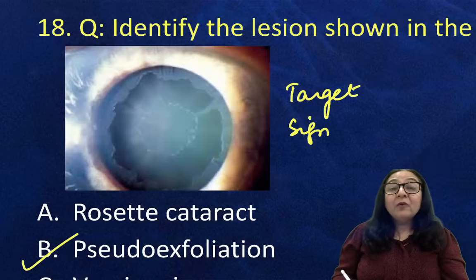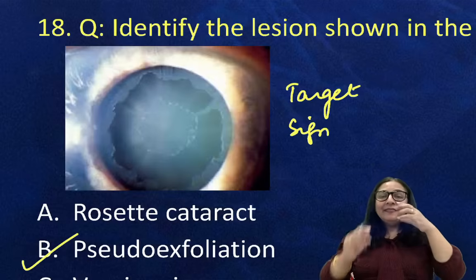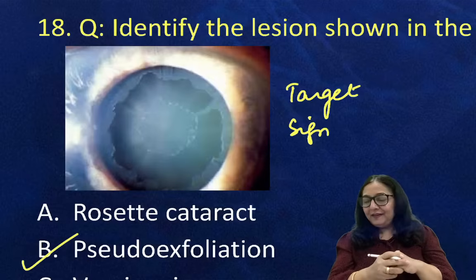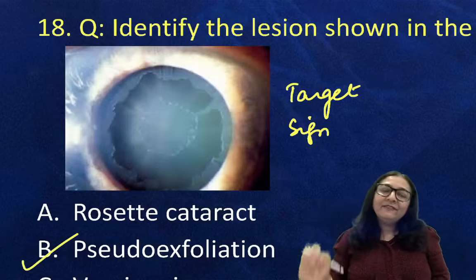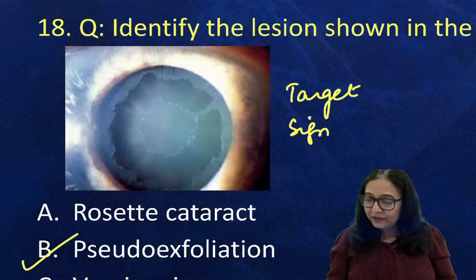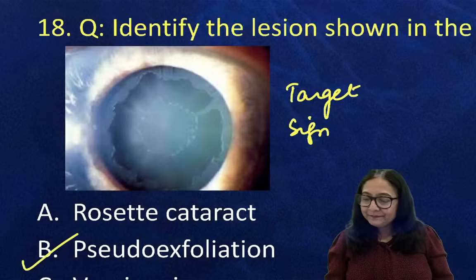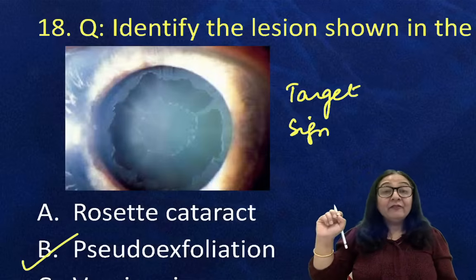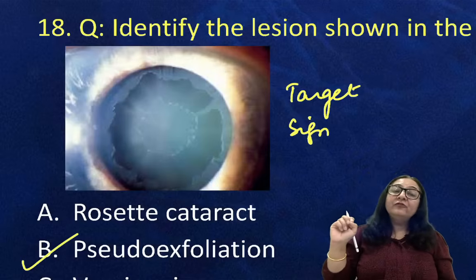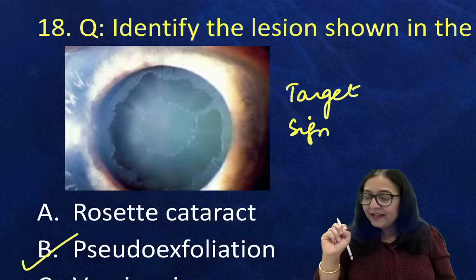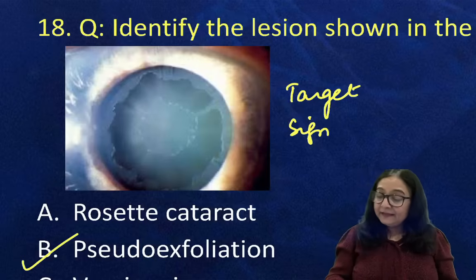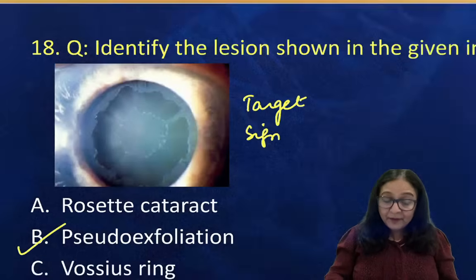Vossius ring is when there is a brownish ring on the lens surface. This is white dandruff-like material, so it is pseudoexfoliation, which can occur in pseudoexfoliation syndrome. These patients may have weak zonules and can also develop pseudoexfoliation glaucoma. Vossius ring is a brownish pigment.